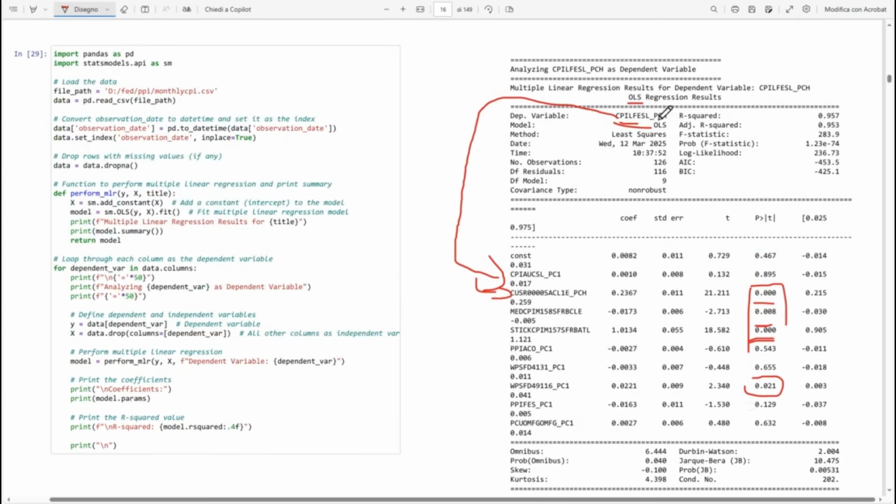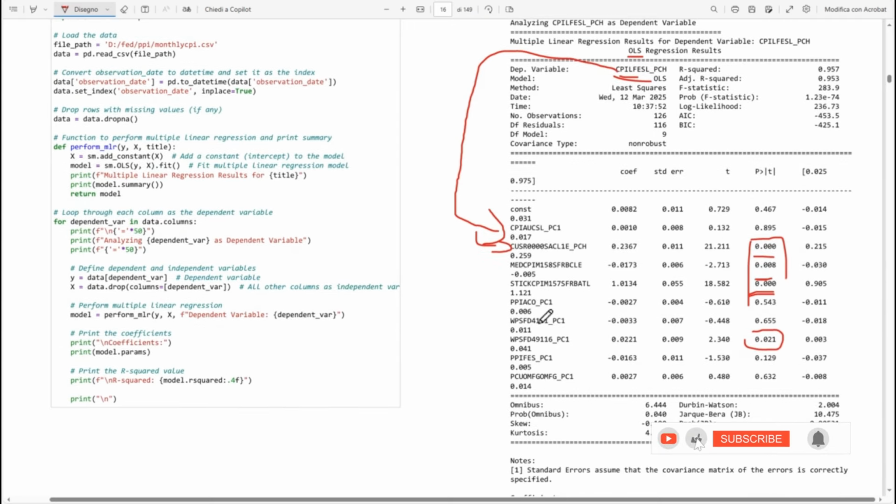And so when core CPI varies by 1%, then this other measure of core inflation varies by this coefficient, let's make it 0.24%. So this is a systematic method to see how inflation and producer price index move around and how they are correlated.